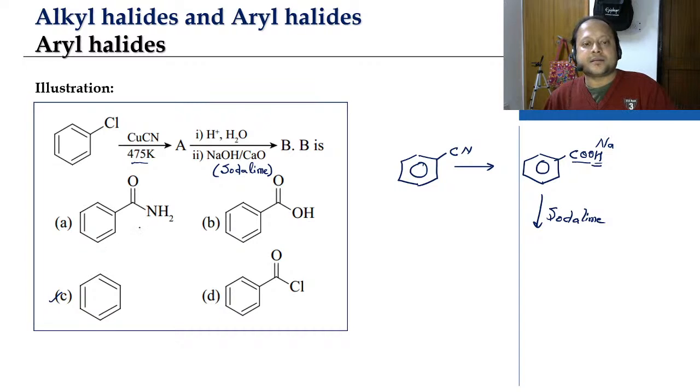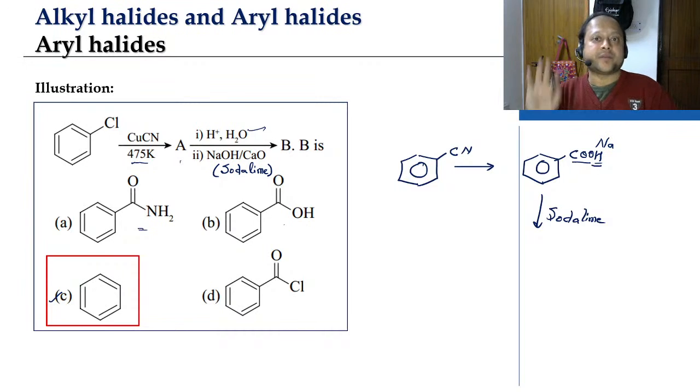You can see that no amide is formed. A will not be this, A will be benzoic acid, so B is not there, and even this is not there. So this is your answer. I hope all of you have been able to follow the logic behind these A to B word problems.